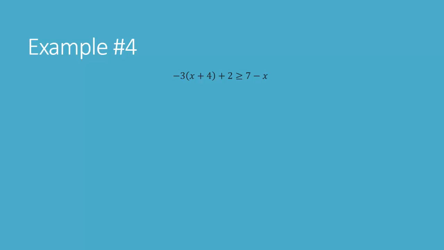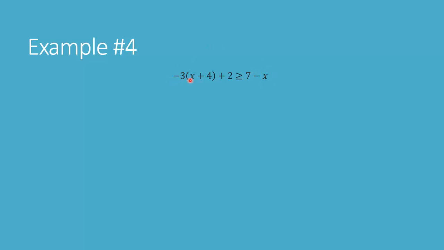So now we're going to look at another one, only this time we're actually going to use a variable again. We go through the same initial steps we always do. Get rid of any fractions or decimals, which we don't have any. Great. Second step is simplify both sides individually. In this case, the right side is fine, 7 minus x.